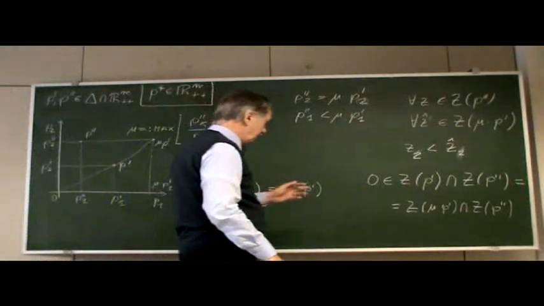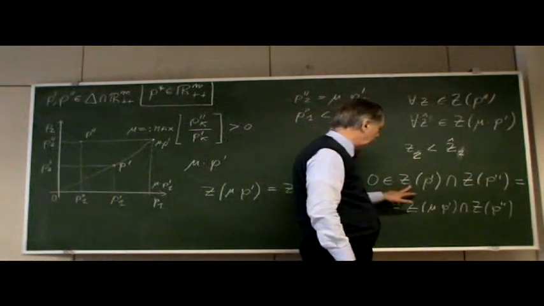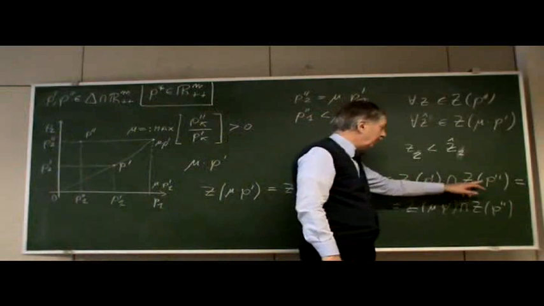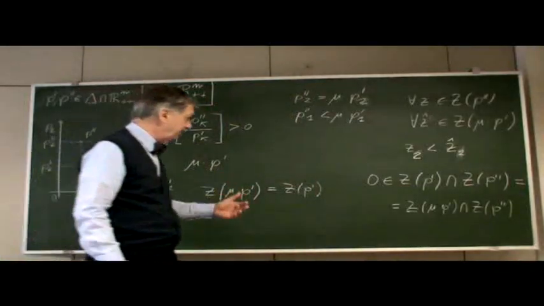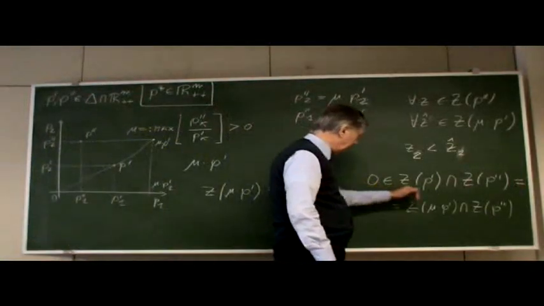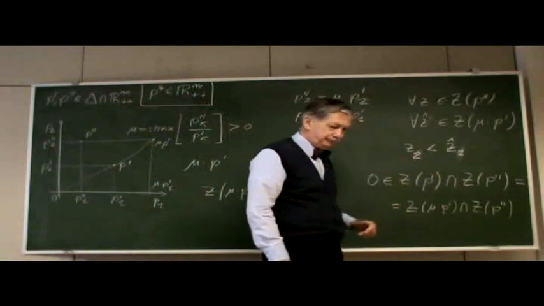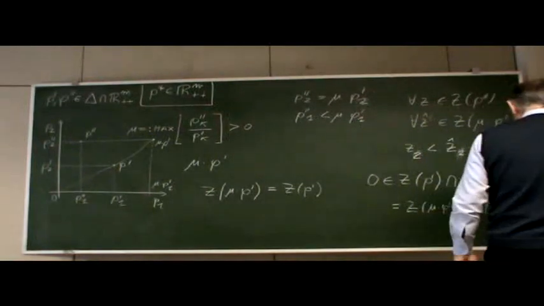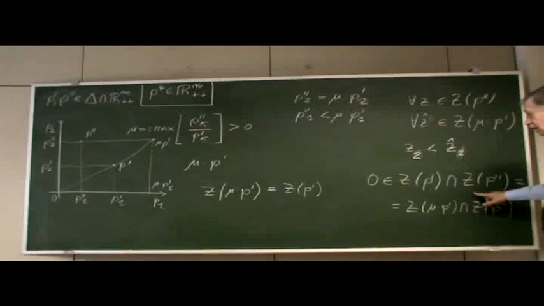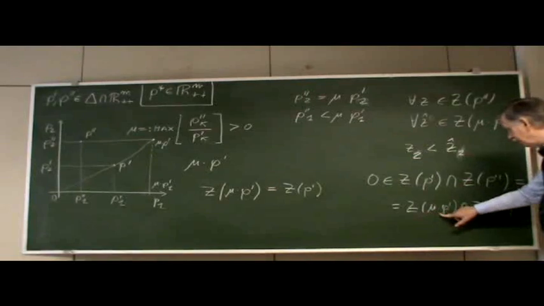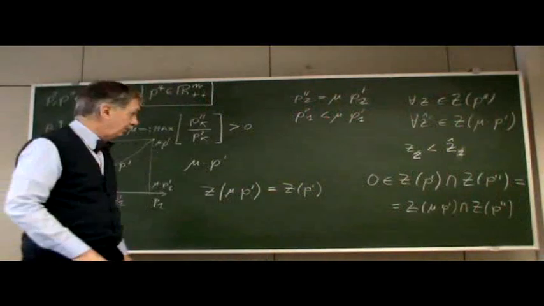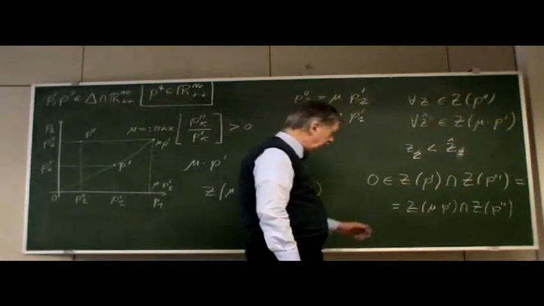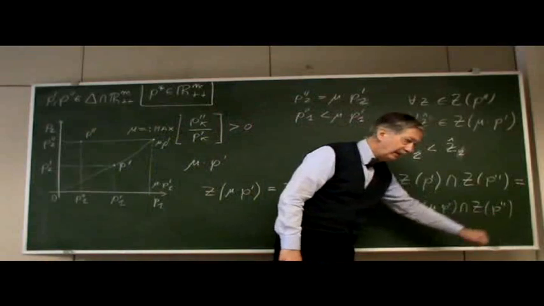So the vector 0 must belong both to z of P prime and to z of P double prime, because the definition of equilibrium can be rephrased in this way. By absence of monetary illusion, z of P prime and z of mu times P prime are the same set. So 0 must belong both to this and to this set.